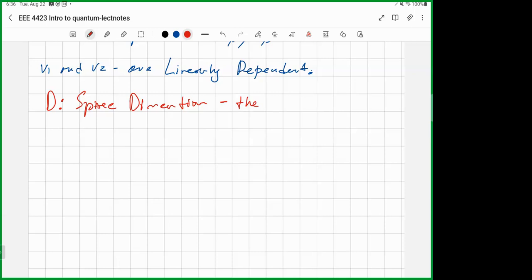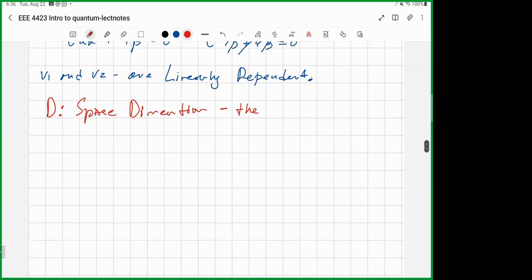The point is that for a linear space of finite dimension, the number of linearly independent vectors is finite. You will get what it means in a few minutes.